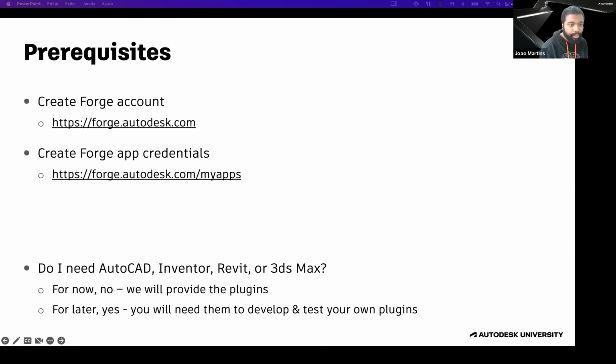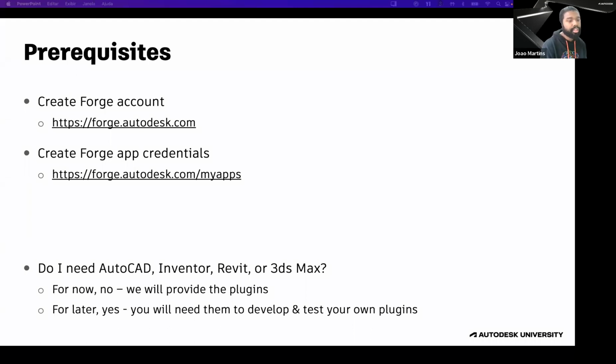A quick question here: do I need AutoCAD, Inventor, Revit, or 3ds Max? For now, no, because this tutorial will not go through the details of any of these specific products' APIs. We are just going to download the app bundle already built and use it in the web application.